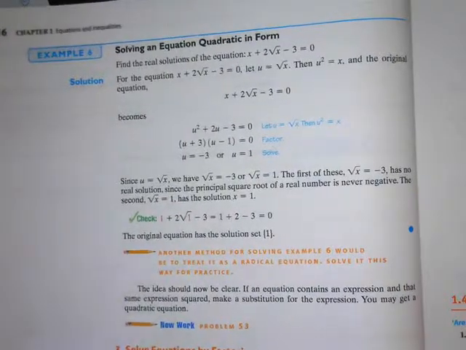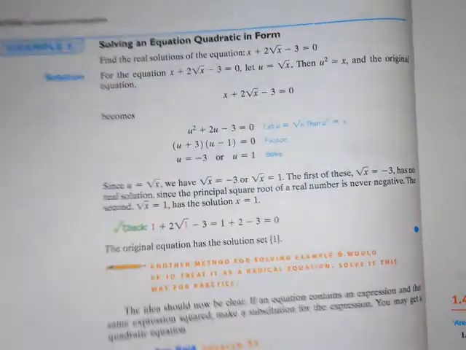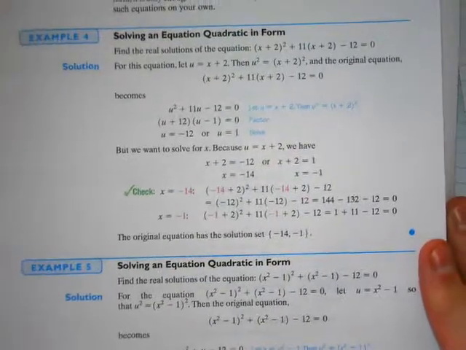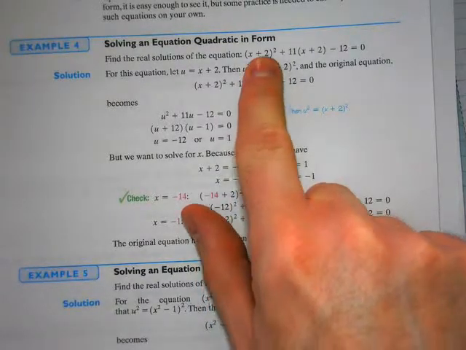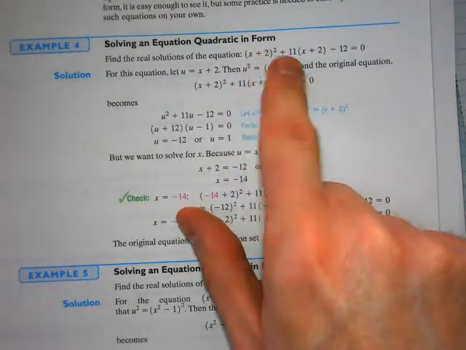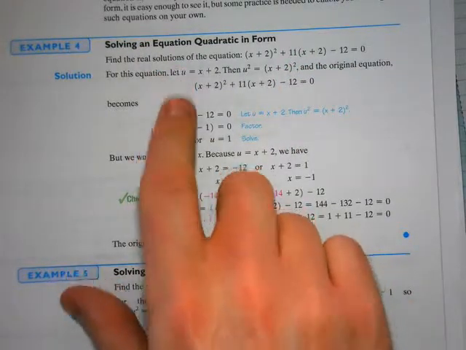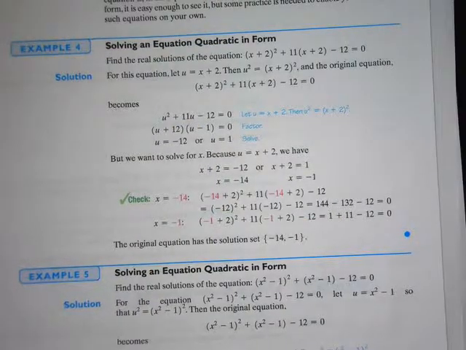So going back and looking at the examples that the book does for you is probably the best way to review. So here's another example of one like I did. That's quadratic in form. If you let u equal x plus 2, then you'd have u squared plus 11u minus 12 equals 0. And that's what they're getting at right here. So again, the best thing to do if you're stuck on something is to look at the examples that the book works through, and that should help you out a lot.